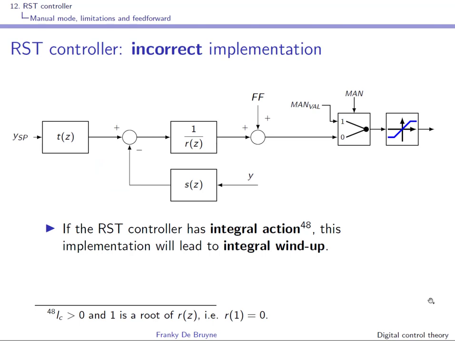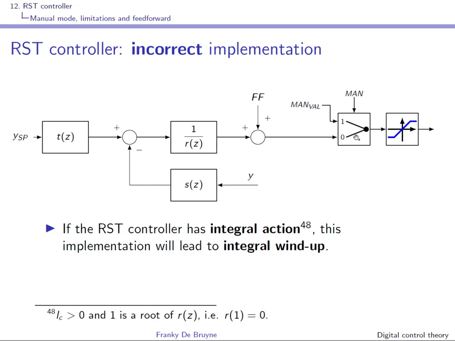Well, a first naive but incorrect implementation would be to do the things as follows. And this is simply an incorrect implementation, because if the RST controller has integral action, so at least one of the roots of RZ is 1, this will lead to integral windup.